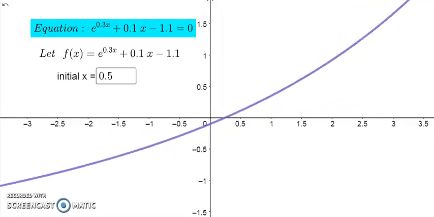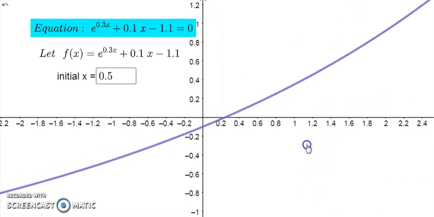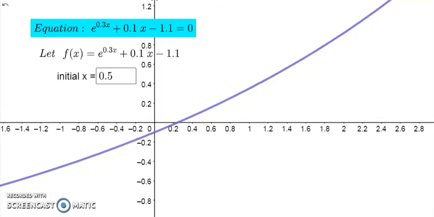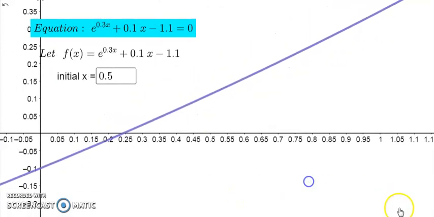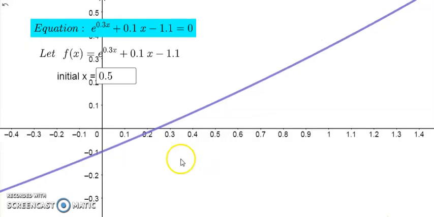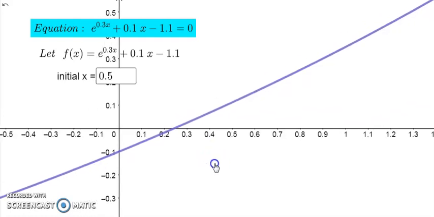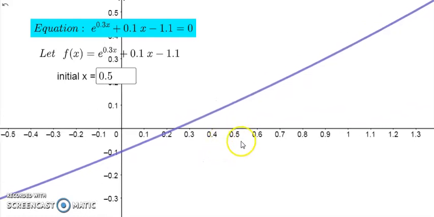Then let me zoom in the diagram so that we can see the x value 0.5, before we go on to visualize how the Newton-Raphson method works to approximate the solution of the equation graphically. Here we see that x equals 0.5 on the x-axis is at this point.